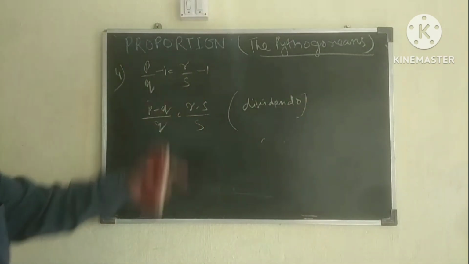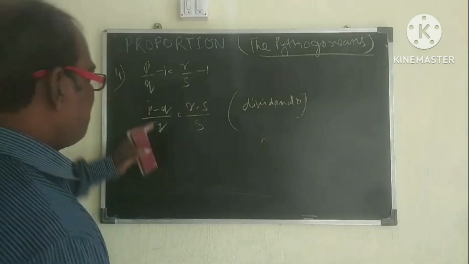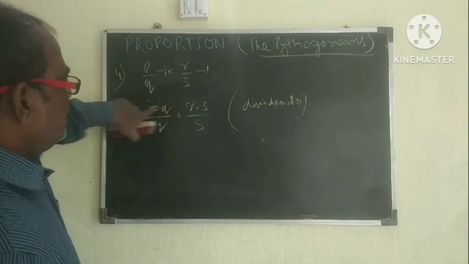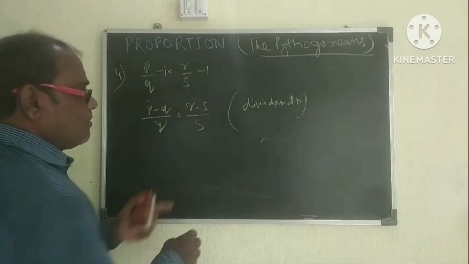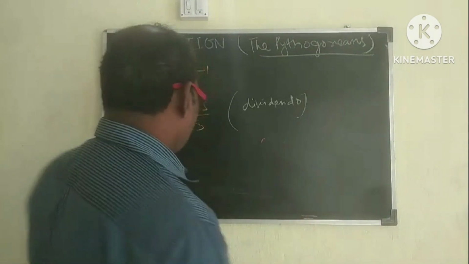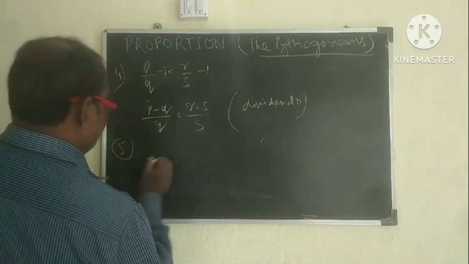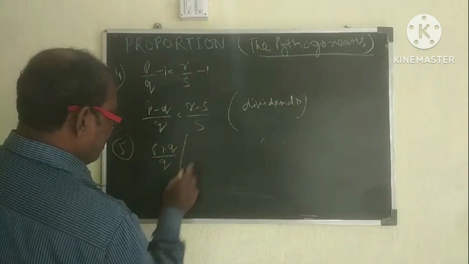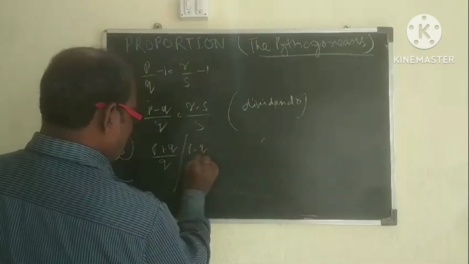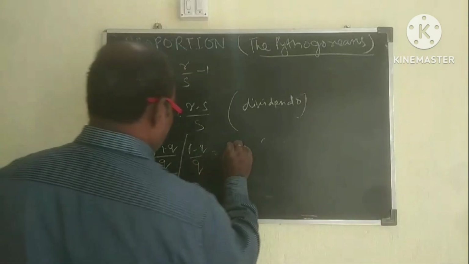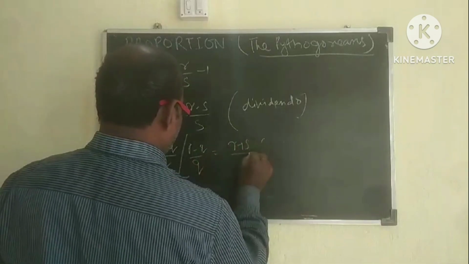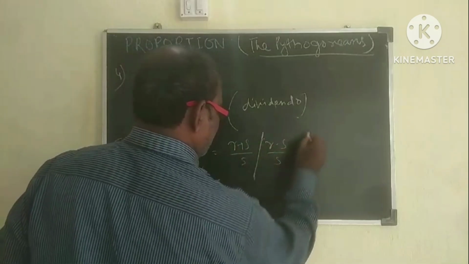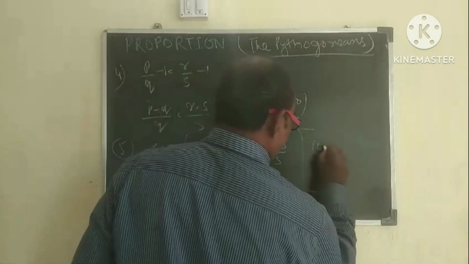Now we know componendo and dividendo. In componendo we had P plus Q by Q is equal to R plus S by S, and in dividendo we have this. So dividing componendo by dividendo, what we get is number 5, that is P plus Q by Q divided by P minus Q by Q is equal to R plus S by S divided by R minus S by S. This is what we say is componendo-dividendo.